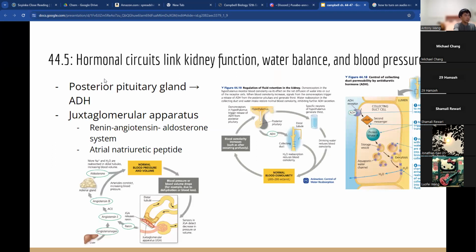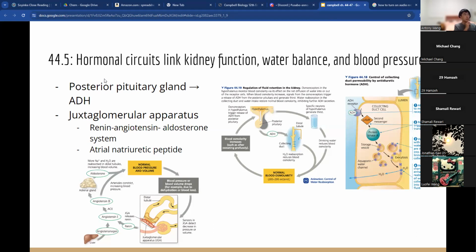Now let's look at some of the hormonal control over the kidneys. There are two main hormones that control how the kidneys function, and one is produced in the posterior pituitary.